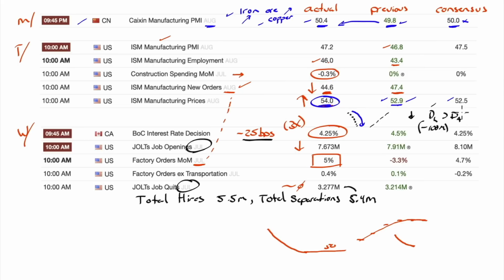What happens when interest rates start getting cut is loan originations begin to increase. So even though you have a contraction in net interest margin, this is the margin that you're making, you have an increase in net interest income because loan originations begin to increase.